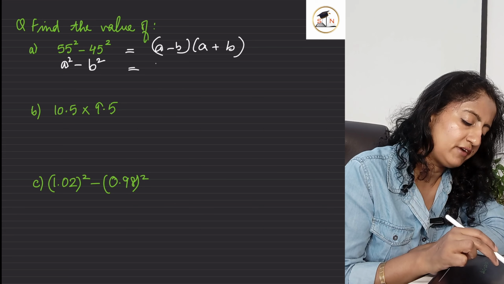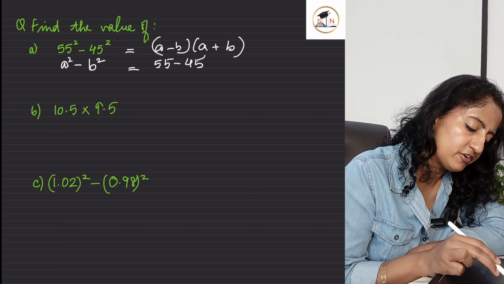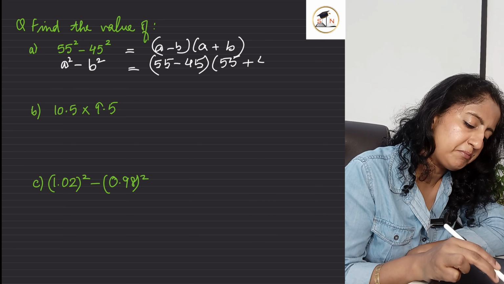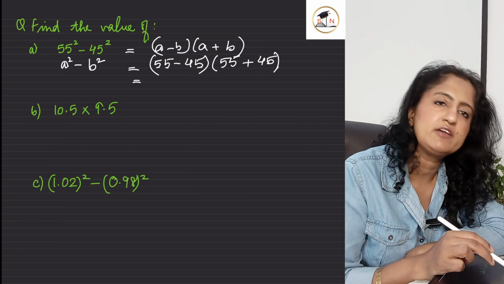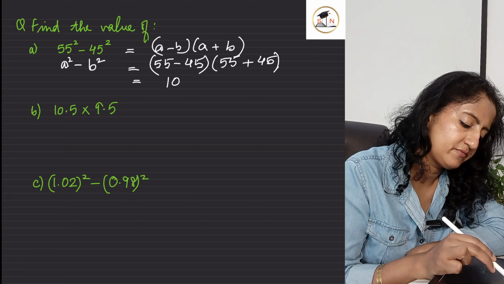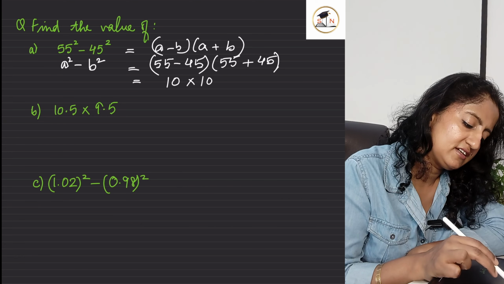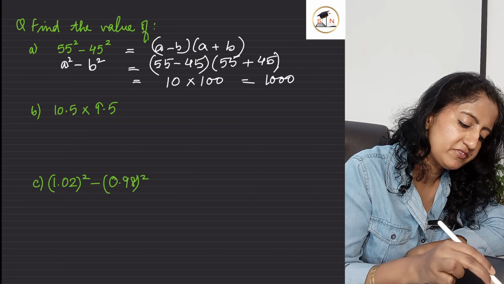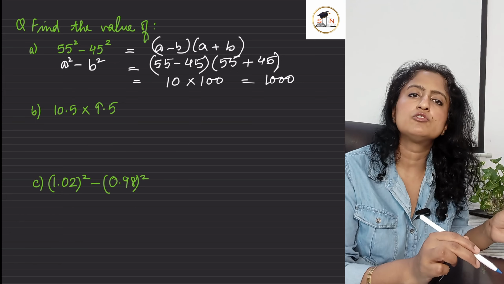I'm just substituting the values now. A is 55 minus 45. In the next bracket, 55 plus 45, right? So what is 55 minus 45? That is just 10. And what is 55 plus 45? That is 100. So what is our answer? It is 1000.